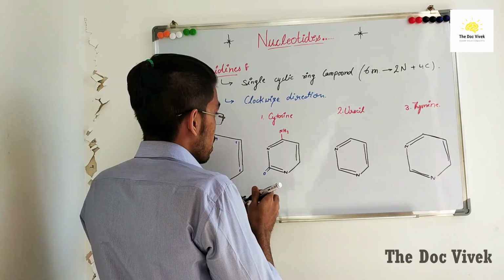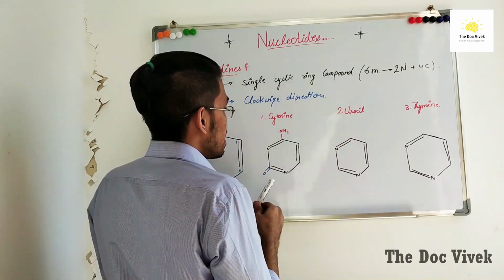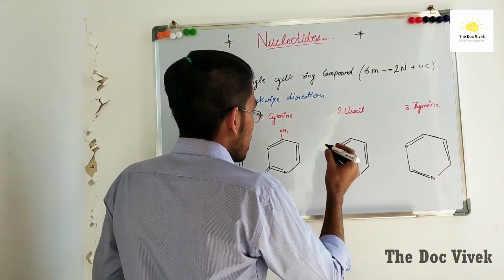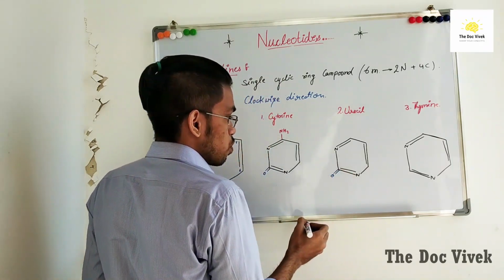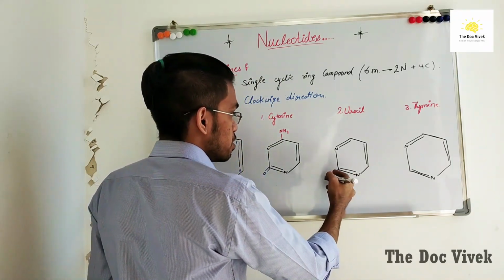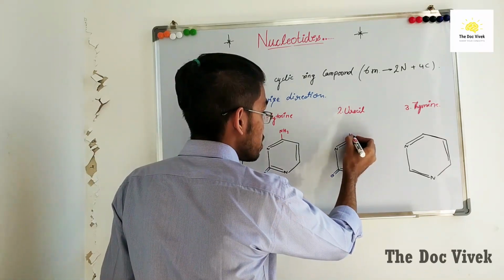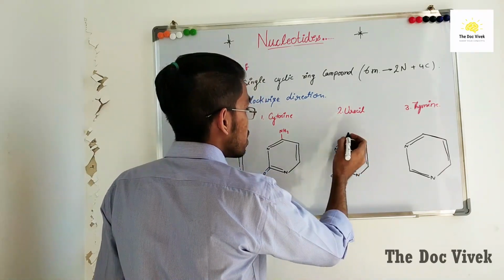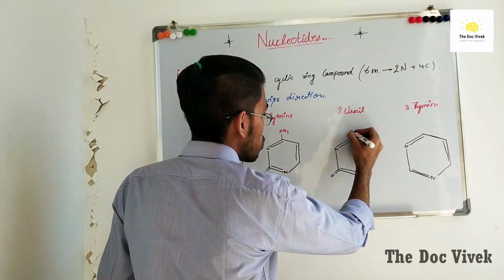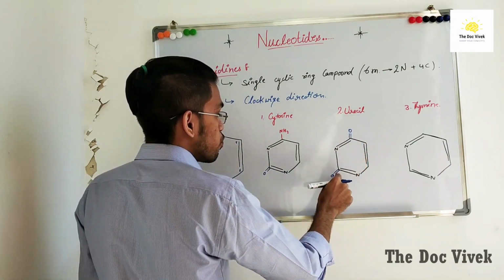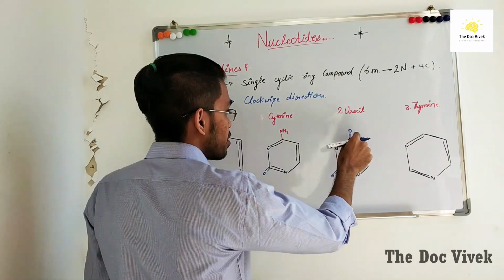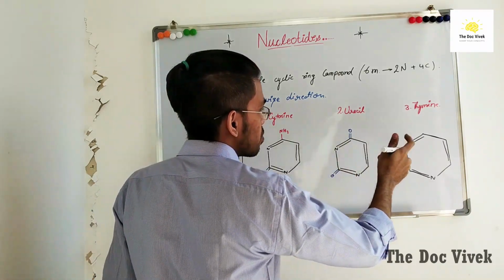Okay. Then uracil contains an oxy group on the second number carbon and one more oxy group at the place of the amino group. So uracil contains two oxy groups, one at the second number carbon and one at the fourth number carbon.